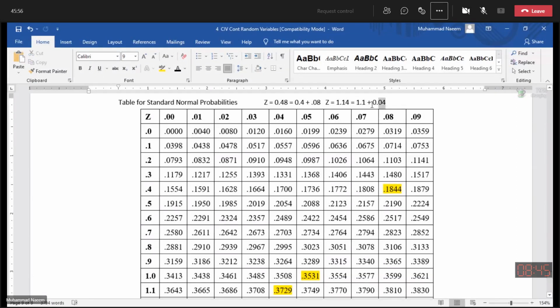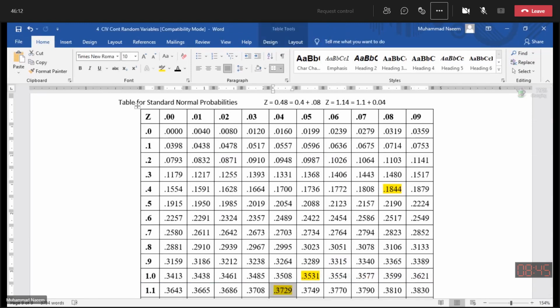For verification, add them, we will get the same point, 1.14. So 1.1 will be in the first column and 0.04 in the first row. 1.1 against 0.04, this will be the area. Again, this area is from center to the point 1.14.